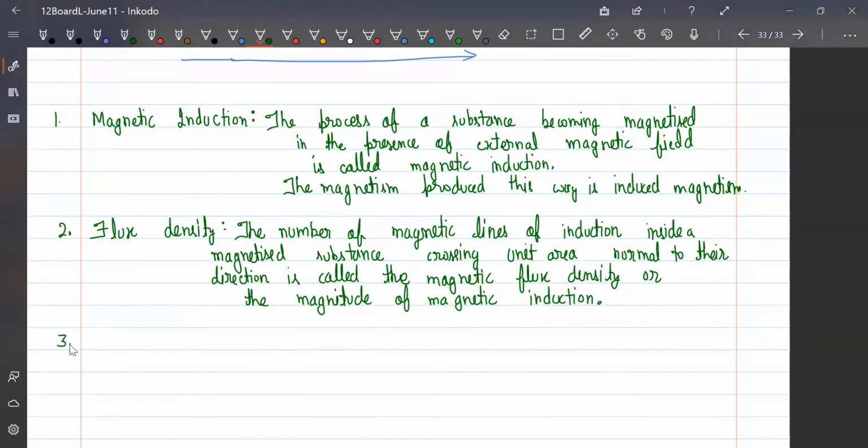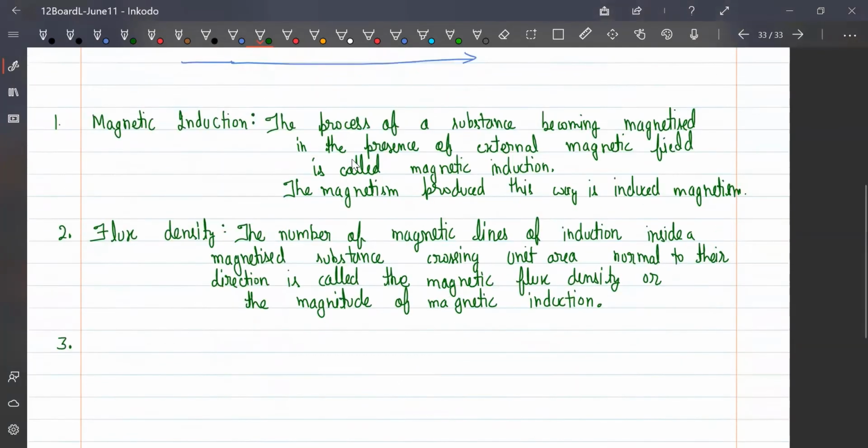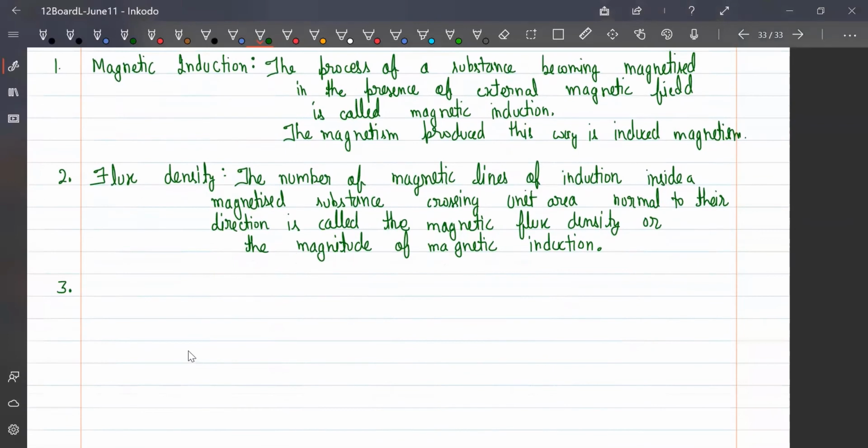Then, substances become magnetized because there are very small dipoles inside the substances, plus and minus, small m vectors like this, due to which substances magnetize. To take those into account, we define the term intensity of magnetization.